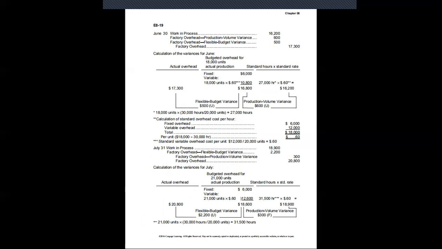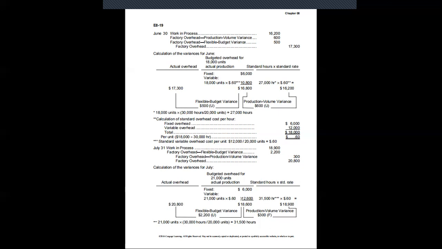For each month, make a single journal entry to charge overhead to work in process, to close factory overhead, and to record variances. Indicate the types of variances and state whether each is favorable or unfavorable. You must first compute the flexible budget and production volume variances.